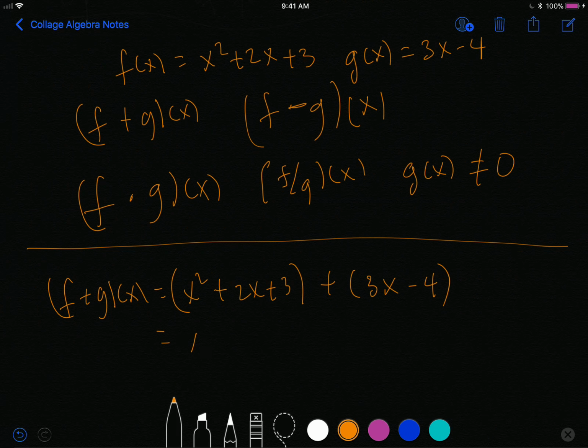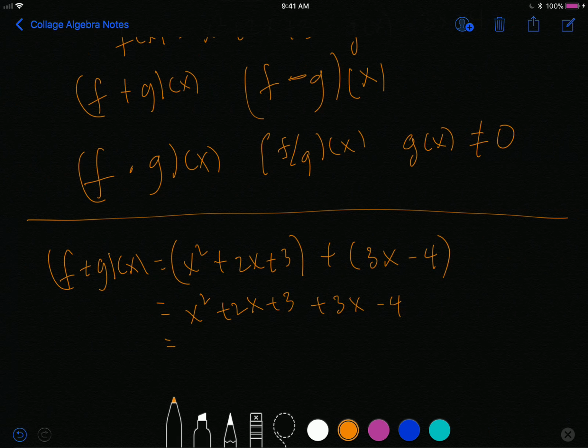That simplifies to x squared plus 2x plus 3 plus 3x minus 4. And then we group like terms. That is, I hope, x squared plus 5x minus 1. There you go, f plus g of x.